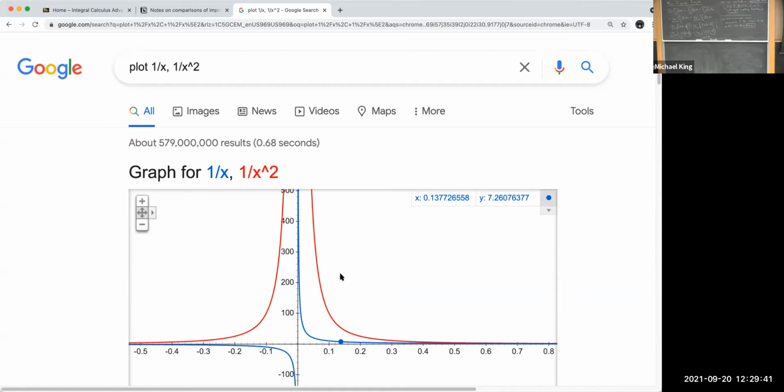Versus if you square a number bigger than 1, it gets bigger. So if you square a number close to 0, it gets much closer to 0. And then you do 1 over it and it gets big. So this red graph has a lot more area under it than the blue graph does, between 0 and 1. And that's actually why this ends up diverging.